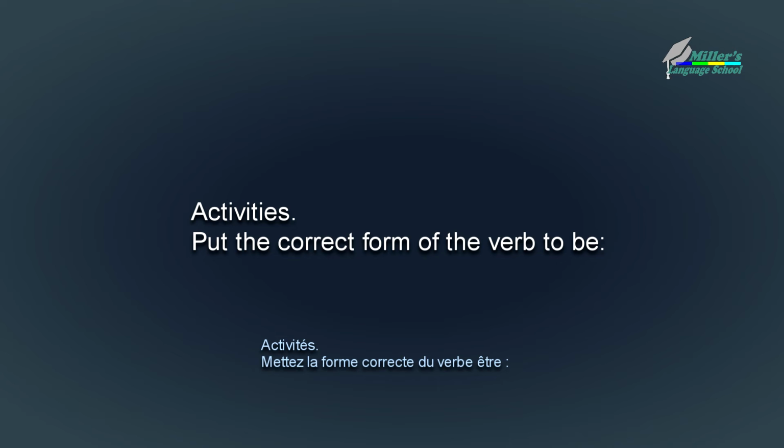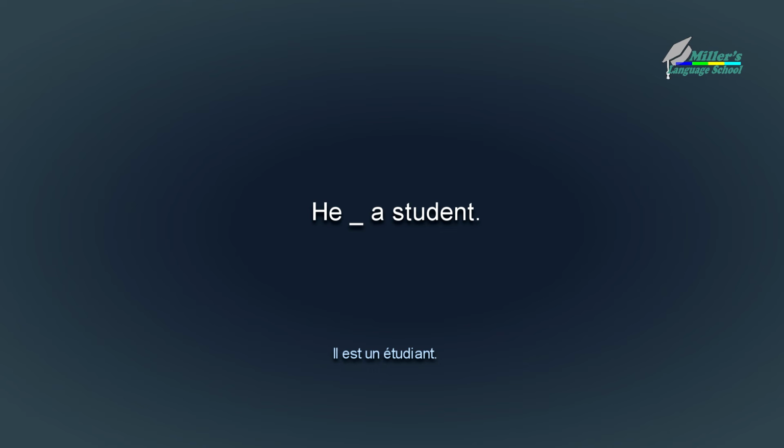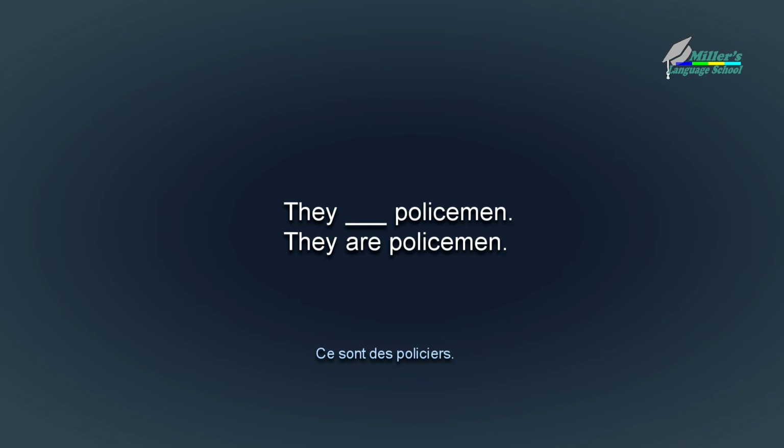Activities. Put the correct form of the verb to be. He is a student. They are policemen.